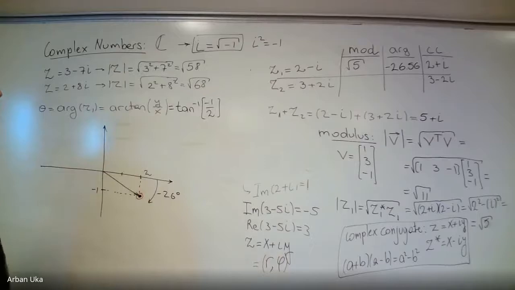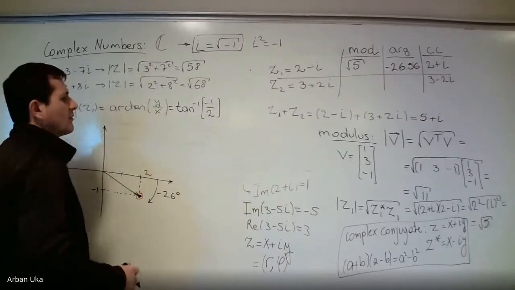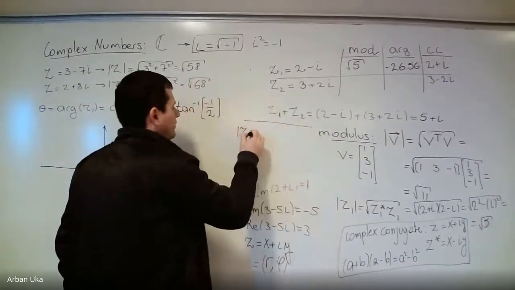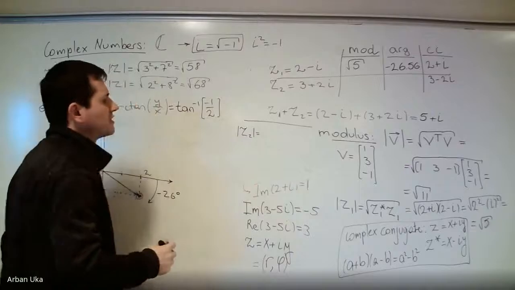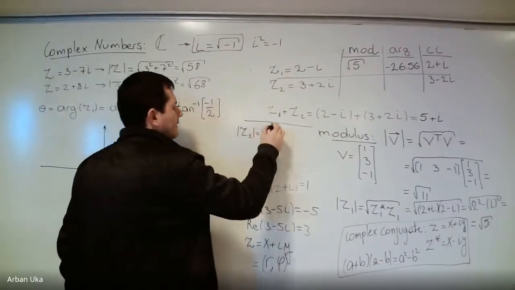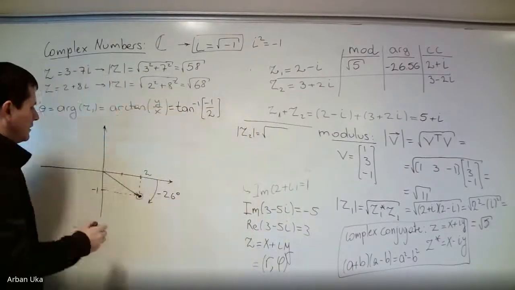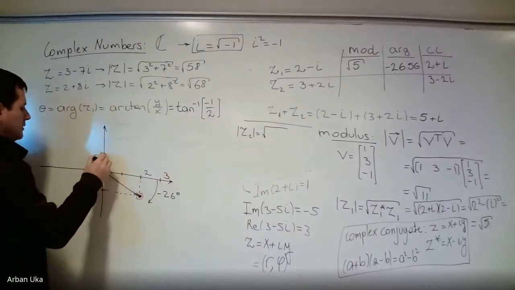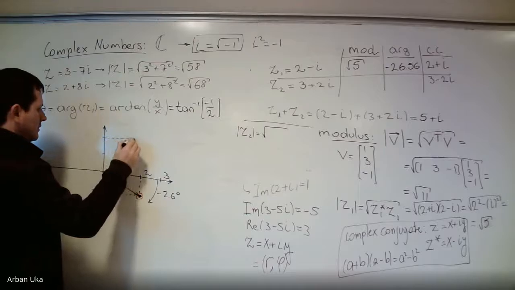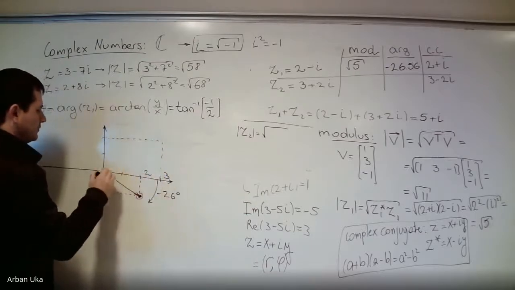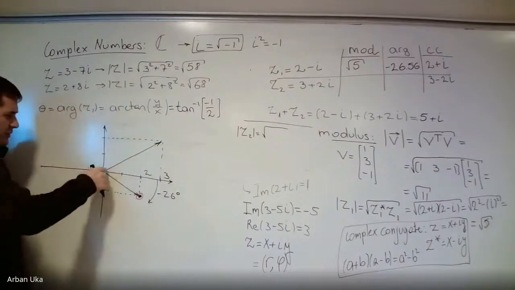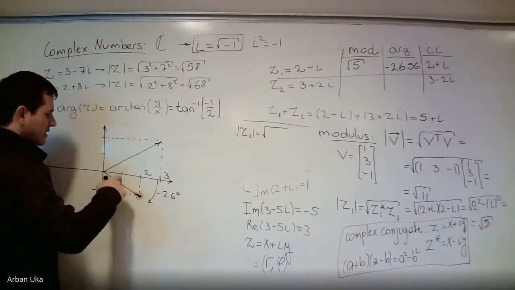Okay? Now let's find Z2. What is the magnitude of Z2? So how long is this? This side is 3.